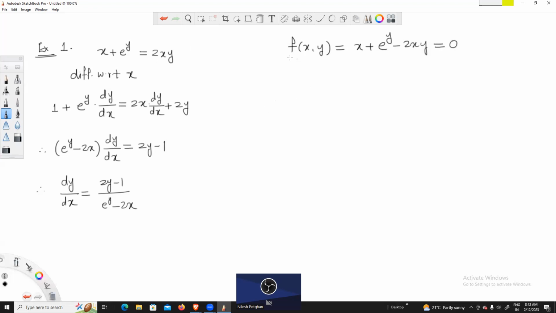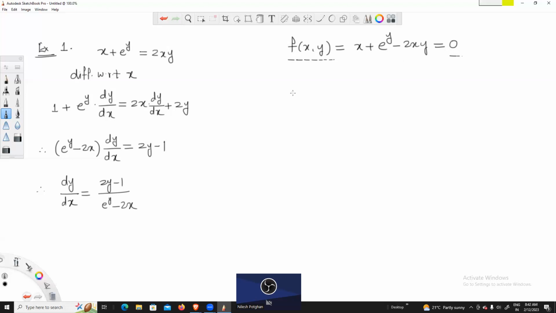Remember, to write the function in implicit form, you have to write some function f equal to 0 or some constant, because ultimately you will be taking the partial derivatives of this f with respect to x and y. So it's always better to write the function f of x comma y equal to 0.